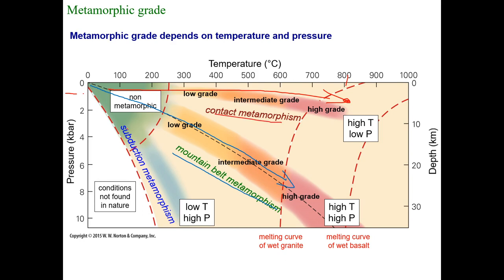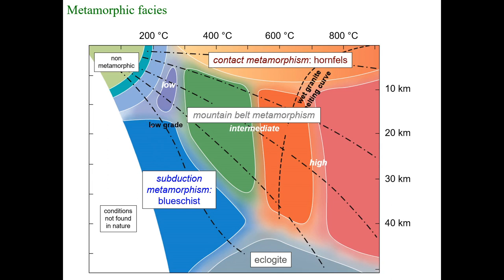The third type of metamorphic regime is when you have high pressures but relatively low temperatures. You call this subduction metamorphism in that case. This is the kind of metamorphism that we see in subduction zones. So again, these are what are called metamorphic facies.